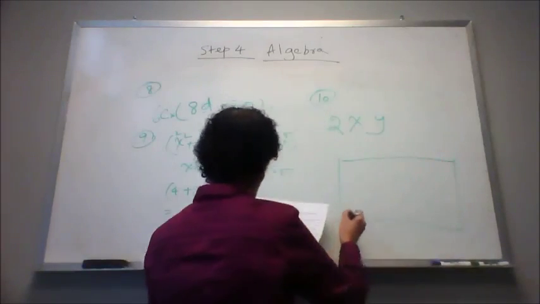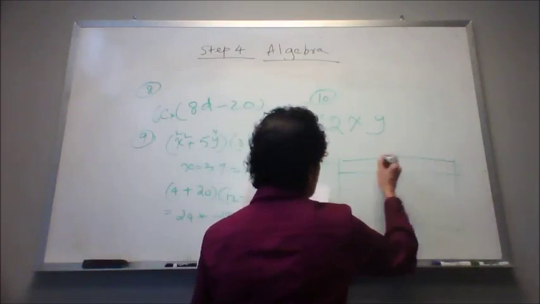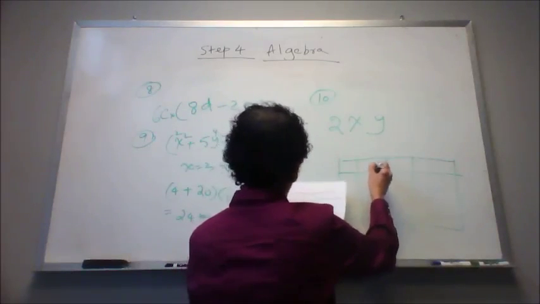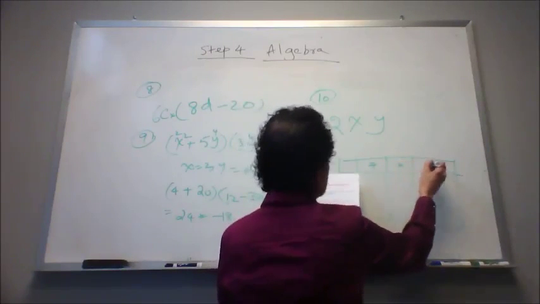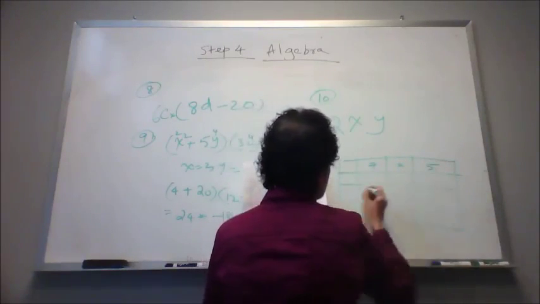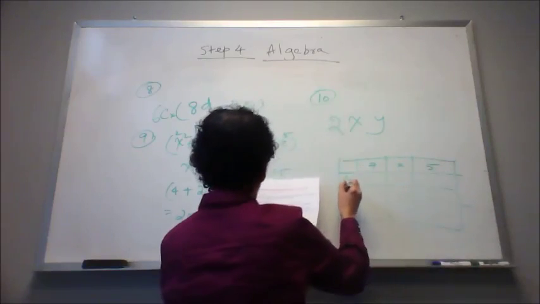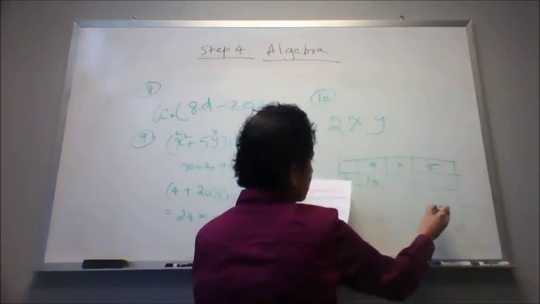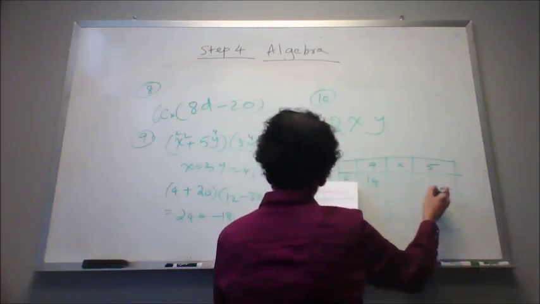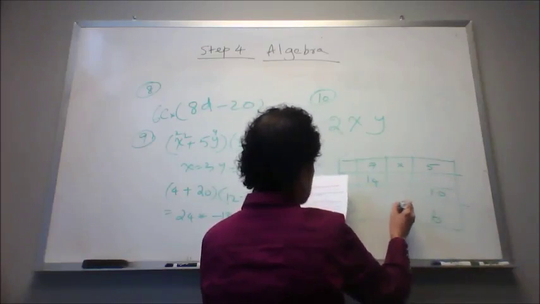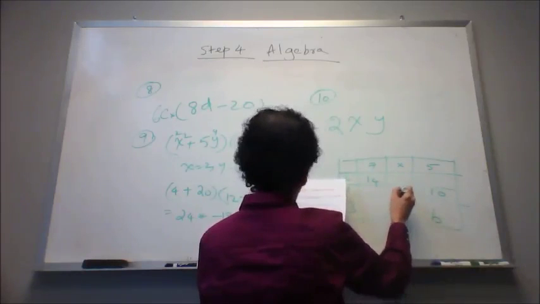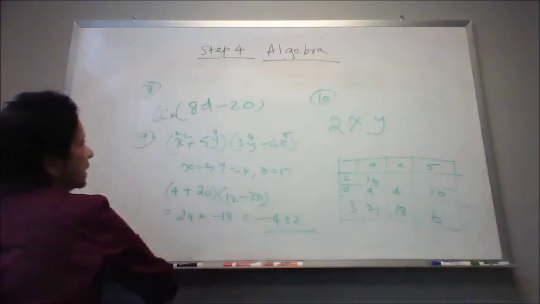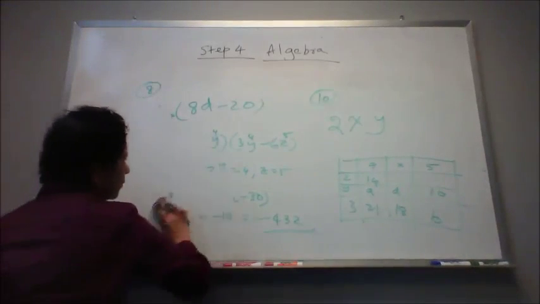I've got a table with 7, X, and 5, and then 2, Y, and 3. And 14 is here. This is B. This is 10. This is 18. This is D. This is A. This is 21.